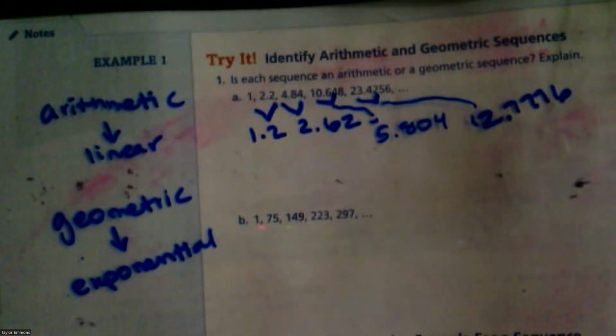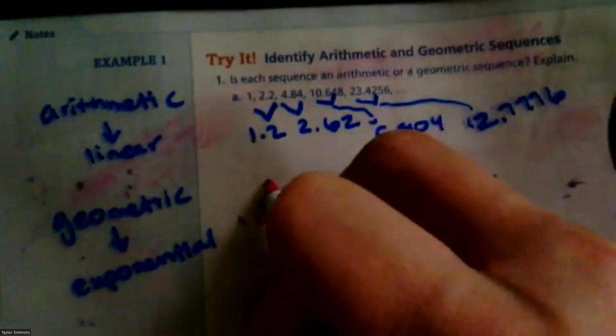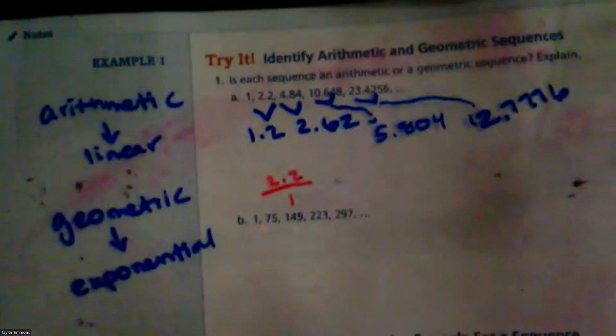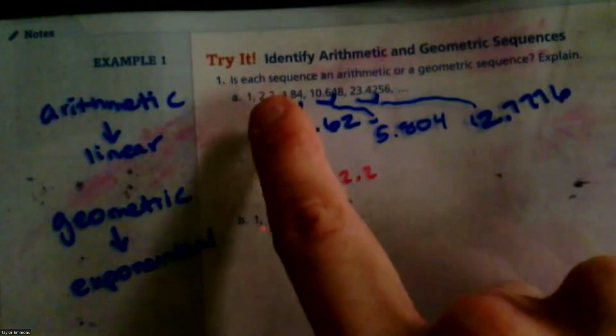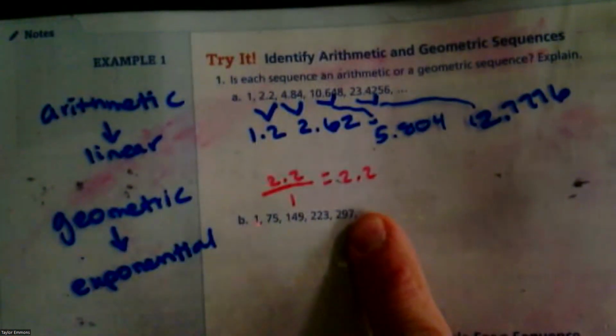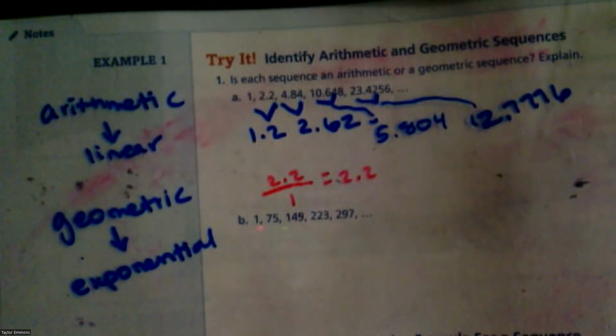No. So let's see if it's going up by a ratio, if we multiplied by something each time. Well, the way to figure that out is to take the second number and divide it by the first. So 2.2 divided by 1 gives me 2.2. Let's see if we take 2.2 and multiply it by 2.2, would that give us our next number? Yeah, it would.